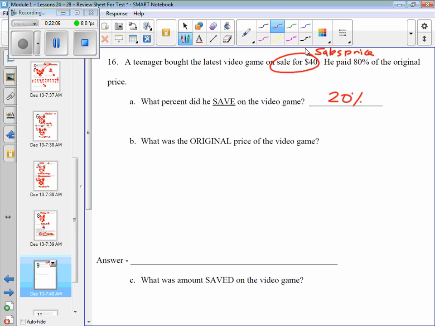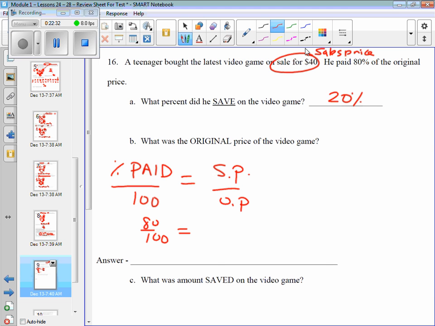So when we set this up, we use the formula that is found on the previous page. It's percent paid over 100 equals sales price, which I'm going to abbreviate, over original price. And now we're just going to plug in our given values. Our percent paid is 80 over 100. And our sale price is 40.